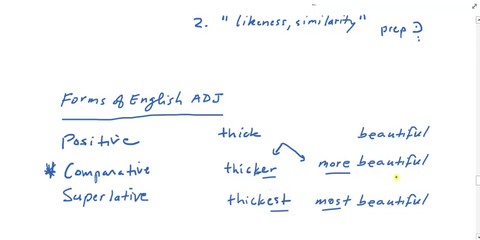And then if it's three syllables or more, you will always want to be adding more. There are some situations where you do have two-syllable adjectives that will take the more or the most ending, as in more normal and most normal, as opposed to normaler and normalist. Okay, so do be aware of that.